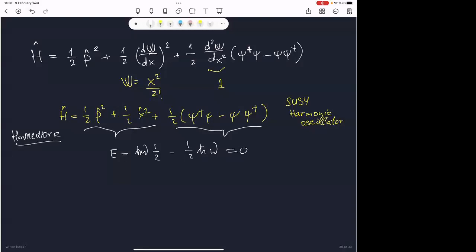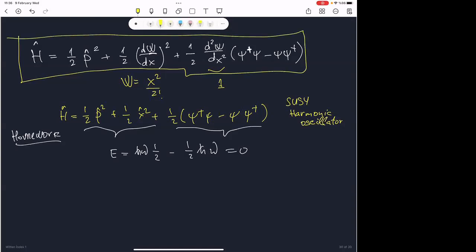So now, how to compute the Witten index for this Hamiltonian, for the general one? Again, I can't do all the computations, I'll just show you very roughly how to do that.